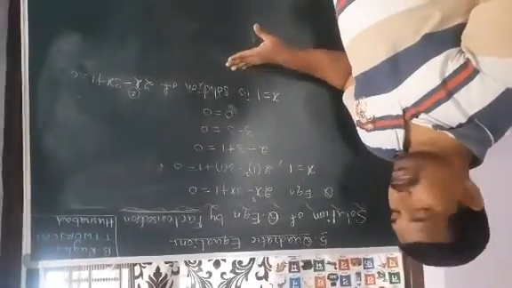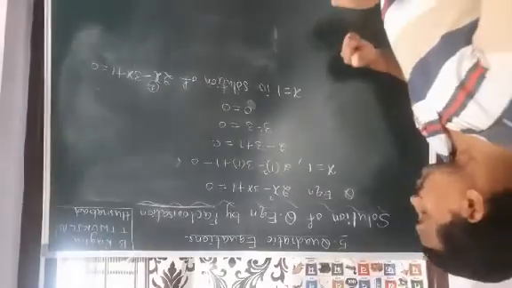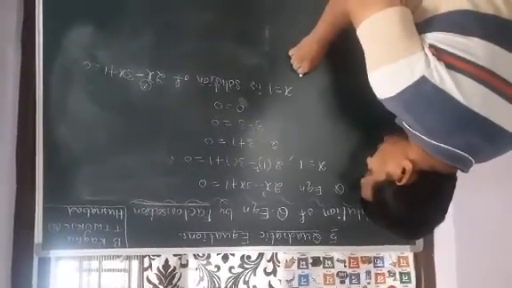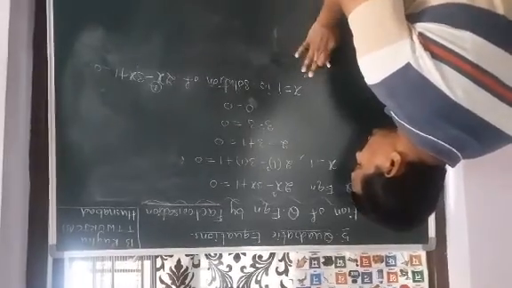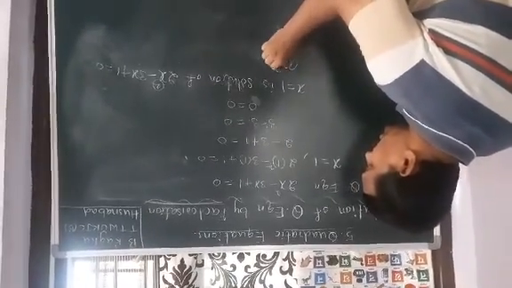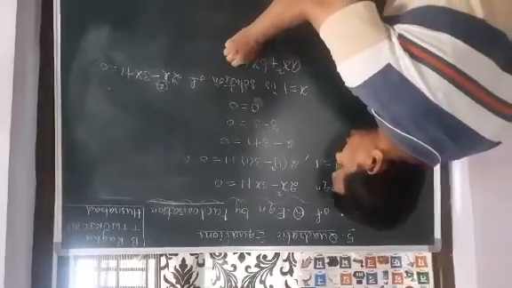So let us see the definition. What is the quadratic equation? ax square plus bx plus c equals 0.